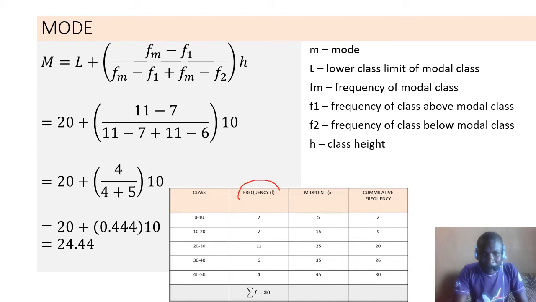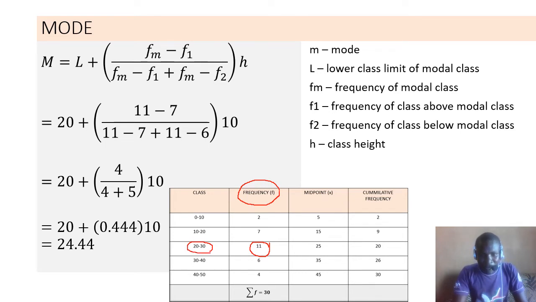I've just brought that bigger table here. You look at the column of frequency and check which one has the highest number. The highest number is 11, which is the frequency for the class 20 to 30.